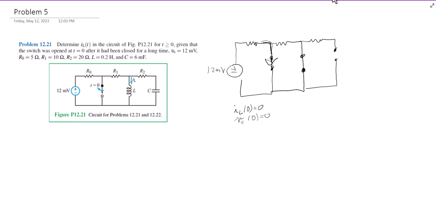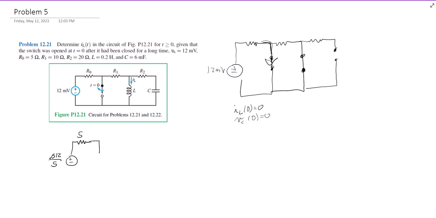So I want to take the Laplace transform of everything. The Laplace transform of 12 millivolts is going to be 12 milli is 0.012, and that will just be 0.012 over S. So that's what you get when you take the Laplace transform of a constant. R0 is 5 ohms.